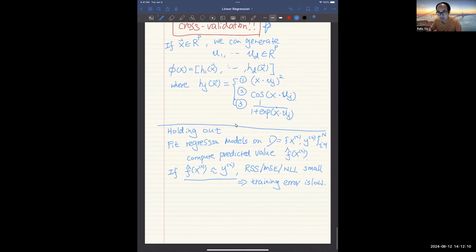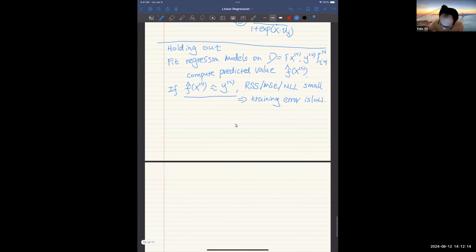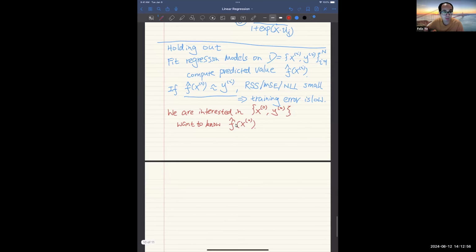So the fundamental thing that we are interested in is, I want to change the color here, if you are given a new data, some data that has never been seen before, a new set of data, we want to know whether this f hat of x0 is equal to y0 or not.